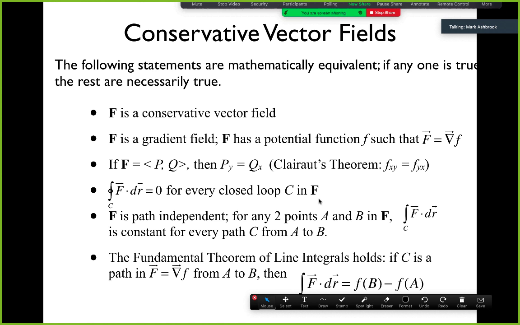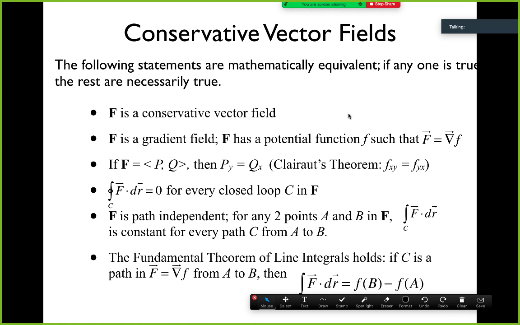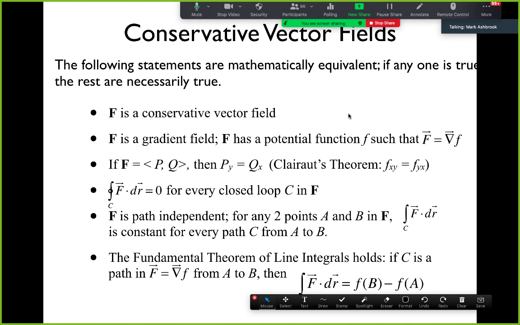They're mathematically equivalent statements, all of them. Okay, questions on conservative vector fields, path independence, fundamental theorem of line integrals?